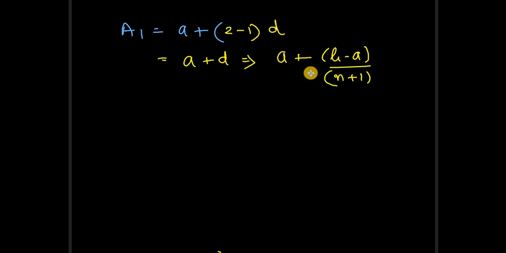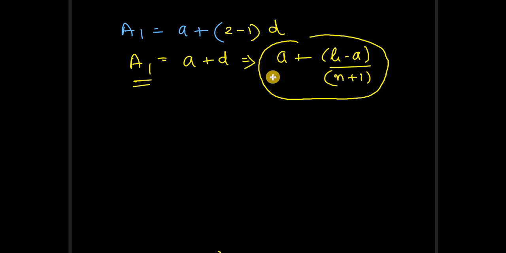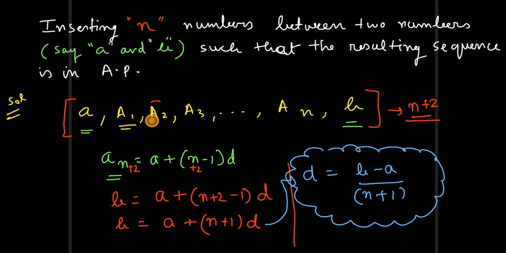So we can easily find this A1 from here, because we know the value of A, we know the value of B, we know the value of n. So we can easily find A1. And similarly, if we go to the next, A2 is the third term of our sequence.